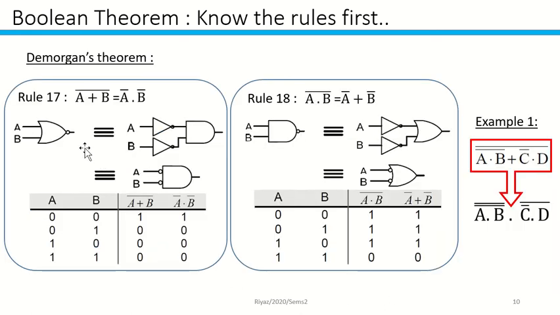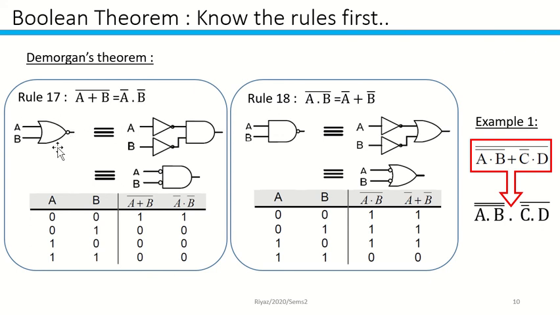For rule number 17, De Morgan's theorem, one of the very favorite theorems, is A plus B, the whole thing bar, will equal to, you have to break the big bar, the top one, but you need to change the operation. So here is OR, so it becomes A bar dot B bar.